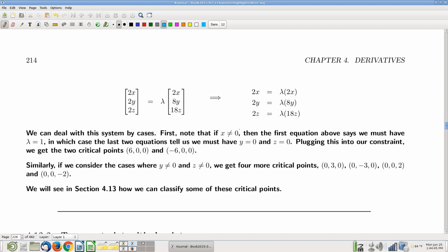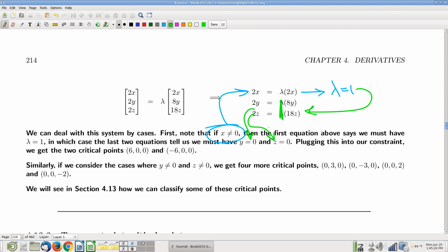Let's suppose that x is non-zero. If x is non-zero, now I can conclude that lambda is equal to 1. If lambda is equal to 1, I can plug that into there. Lambda is 1, that tells me that y is equal to 0 and z is equal to 0. So if x is not 0, then y and z are 0.